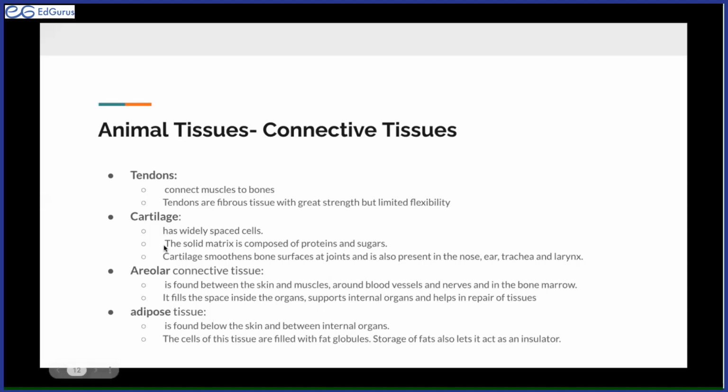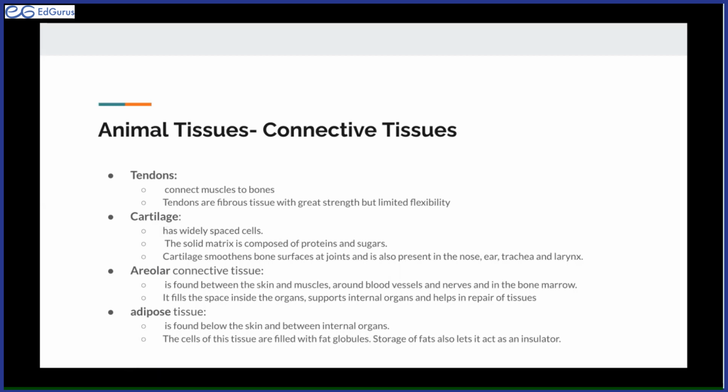So the cartilage is there to provide some type of covering in the areas where these bones are connected so that the bones don't chip or get cracked. When they are rubbing against each other, they are covered with the cartilage so that the bones are protected from each other, protected from cracking.